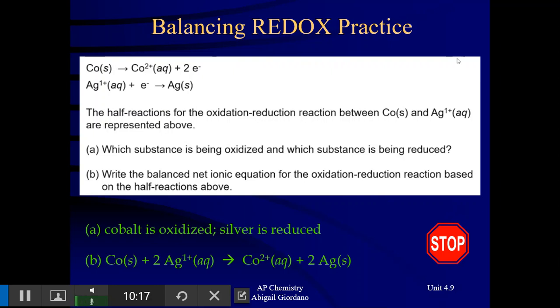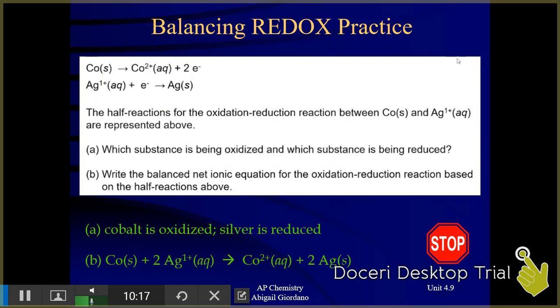The only thing else that I really want to say is, let's just say, and I know this doesn't make sense, but let's say for whatever reason, silver had a +3 charge, which means that there would be a 3 there, okay? Look at these coefficients here.